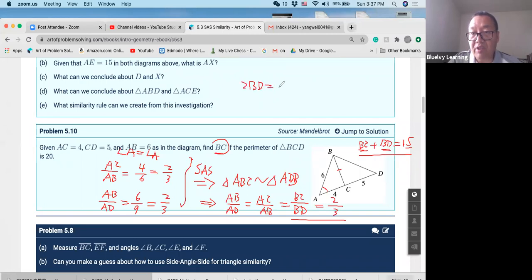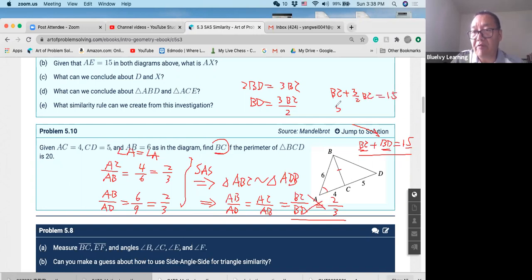2 times BD will equal 3 times BC, right? You do cross multiplication of this equation. You get 2 times BD equals 3 times BC, so BD equals 3 times BC over 2. Then plug into here, you get BC plus 3 over 2 times BC equals 15.